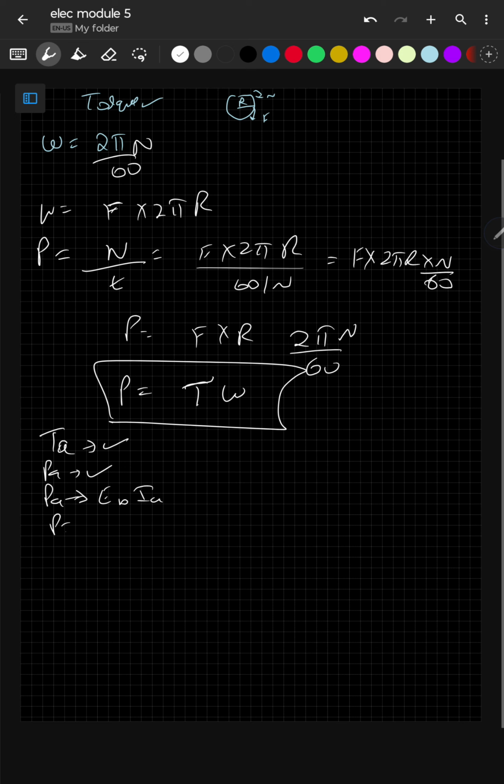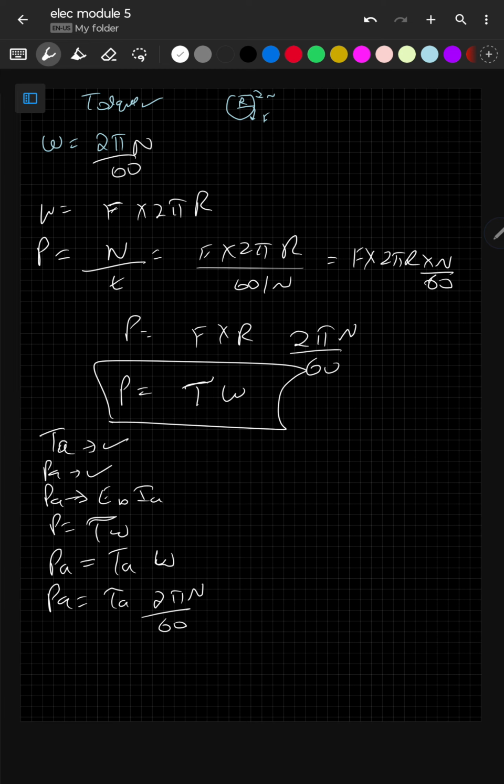And P is equal to T omega, so PA is equal to TA into omega. You got this from above only: from P equals T omega, PA equals TA omega. So PA is equal to TA 2 pi n by 60.